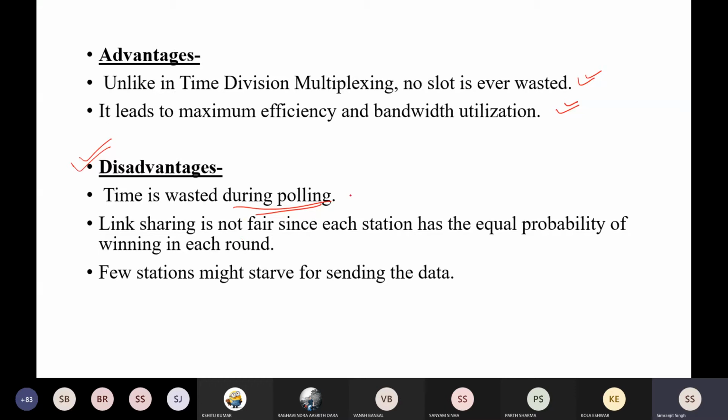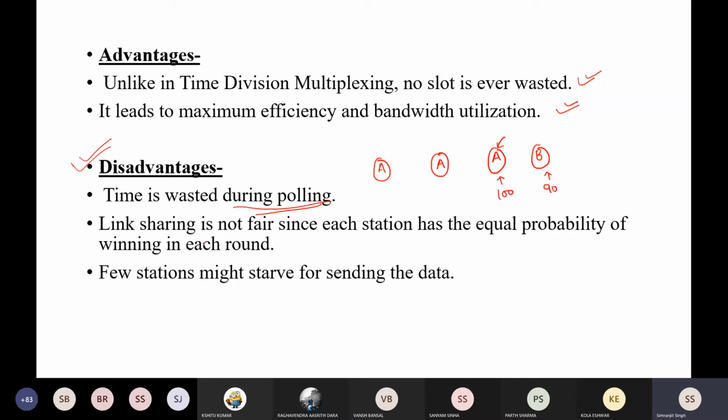Link sharing is not fair. Suppose A wants to send data, and again A wants to send data, and again A wants to send data, and B also wants to send data, but A wants to send 100 bytes, and at the third cycle B only wants to send 90 bytes. So preference will be given to this particular station.